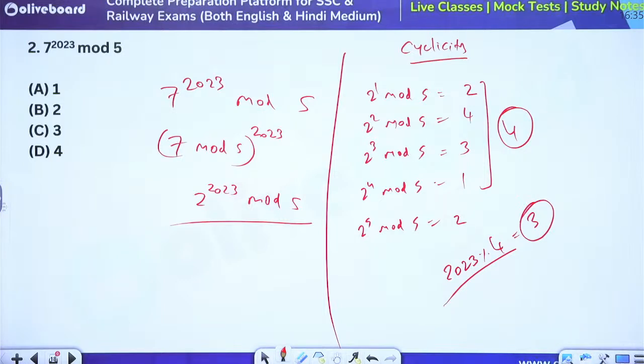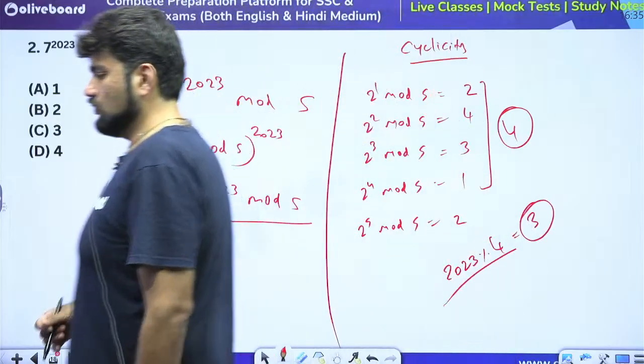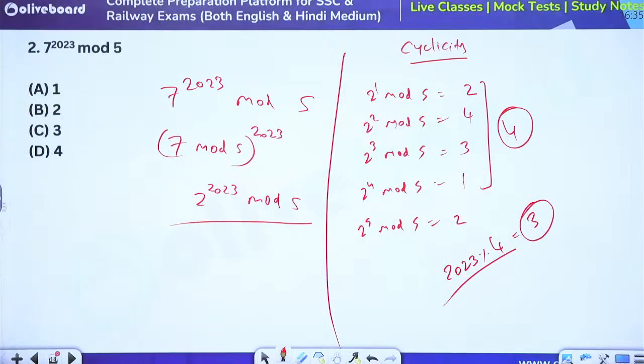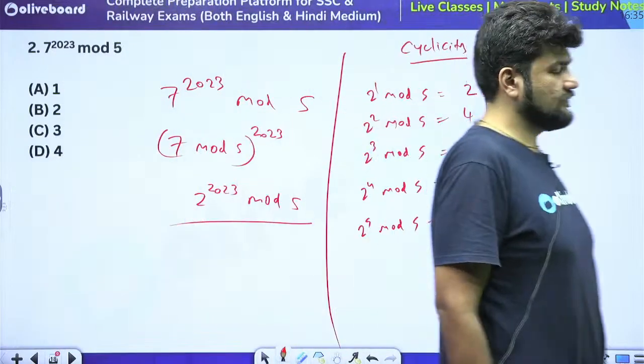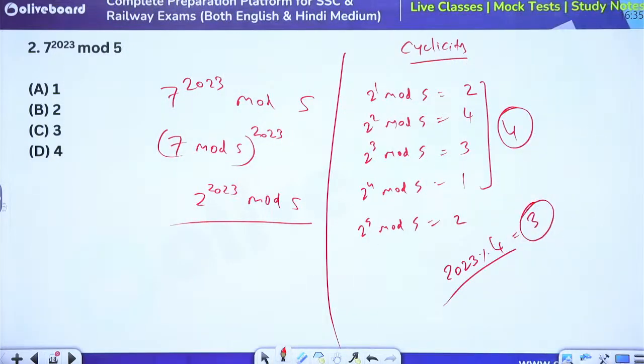Okay. 3 is the remainder. Now what is the corresponding value with 3 remainder? If 3 is the remainder, we will see the corresponding value, 3 here.